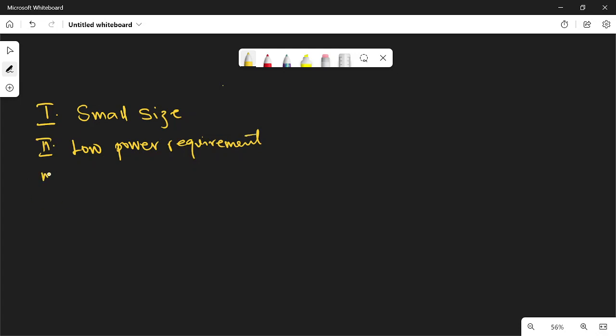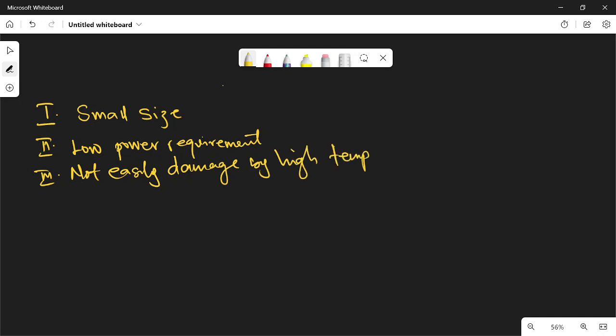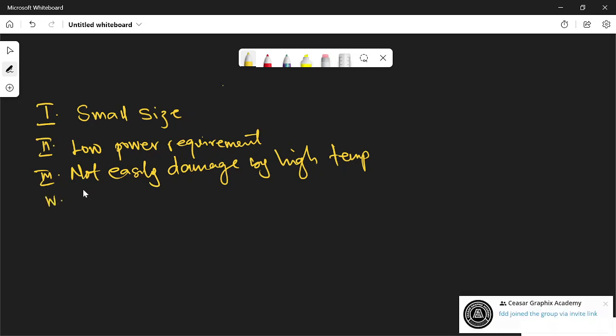Roman figure 3, not easily damaged by high temperature. Roman figure 4, highly durable.